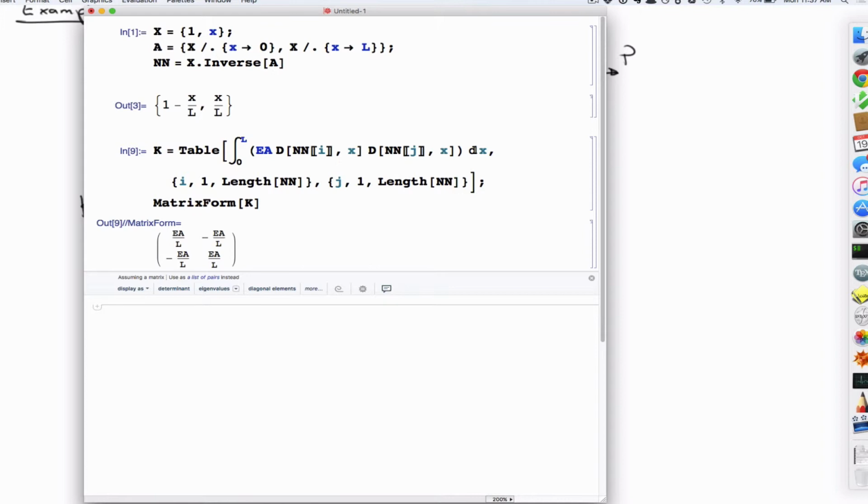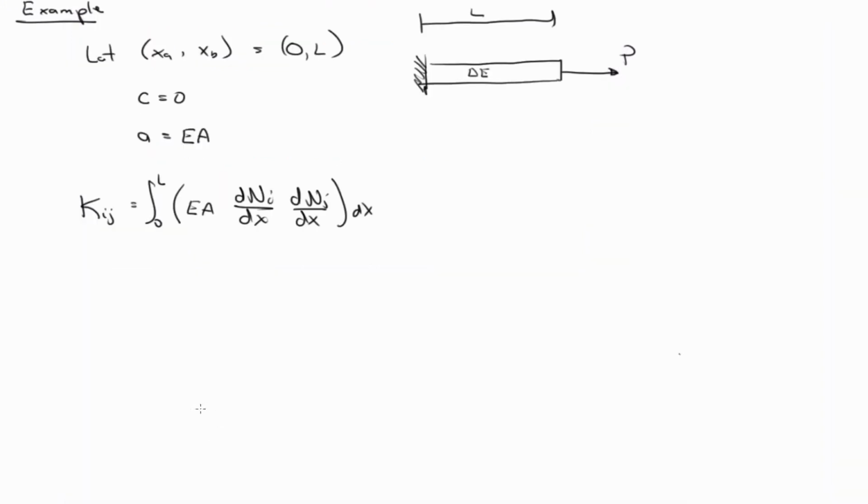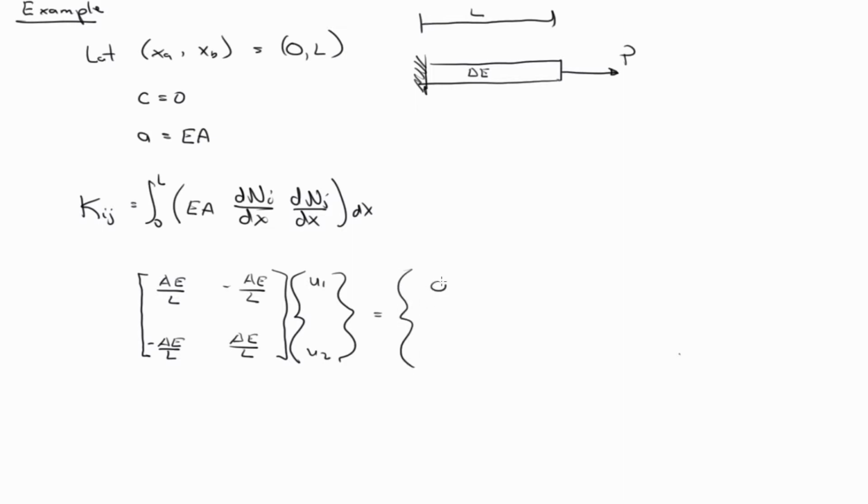Okay, and so if we write it down, we have AE over L, minus AE over L, minus AE over L, AE over L. Okay, so that's K, and we're looking for unknowns U1, U2, and that's equal to 0 and P. Because the Q term, Qn, is P. That's my external force at the second node.